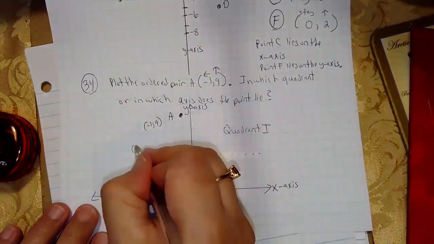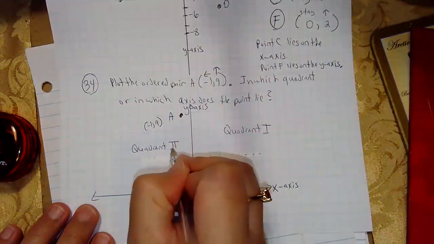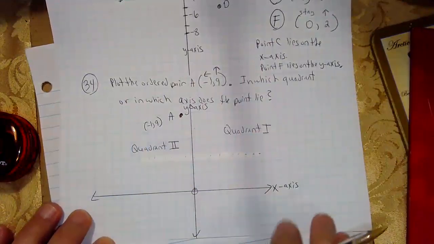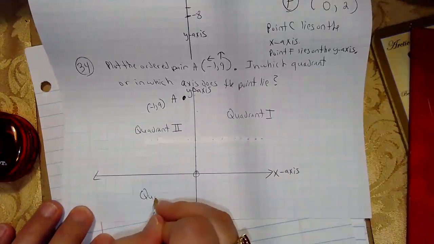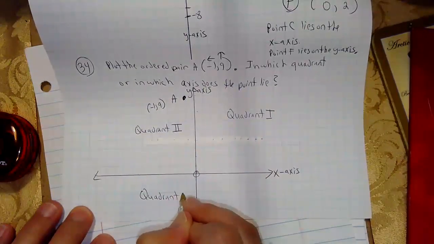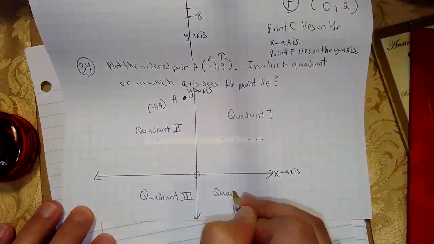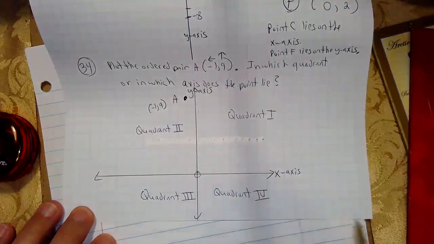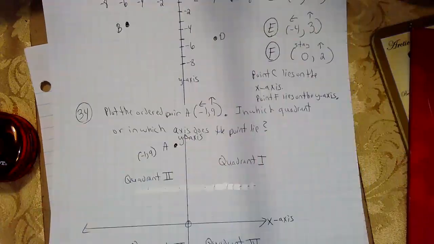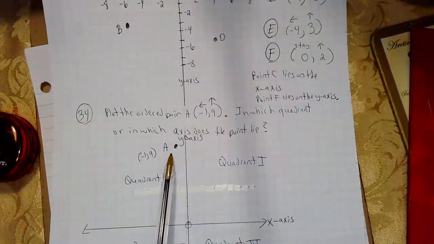If it lies here, this is quadrant 2, then this is quadrant 3, and then quadrant 4.